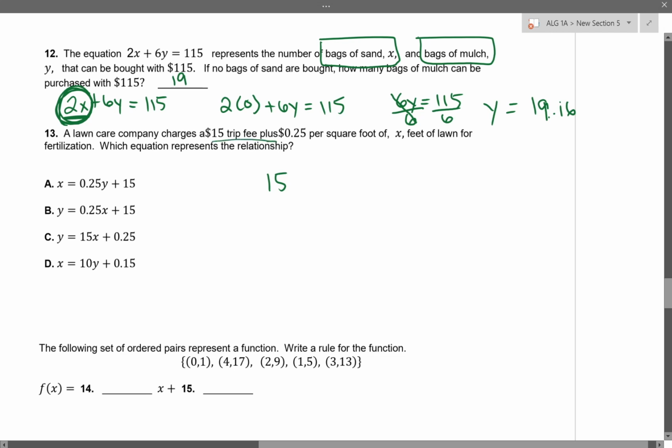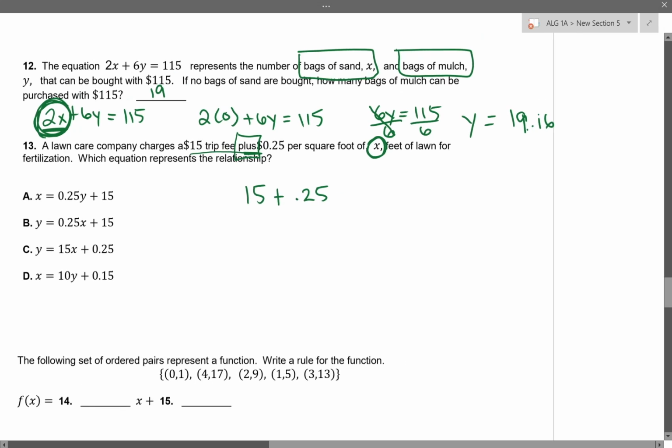Then it says plus, it tells you right there what to do next. So 15 plus 0.25 per square foot of X. So 0.25X equals, well, it would equal my Y value because Y stands for my total.